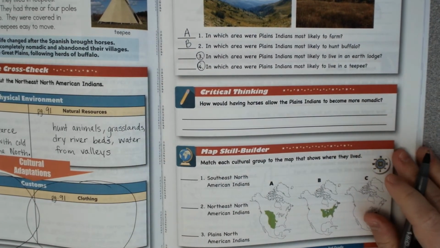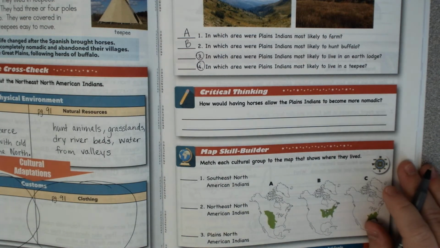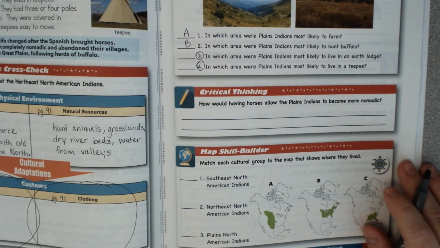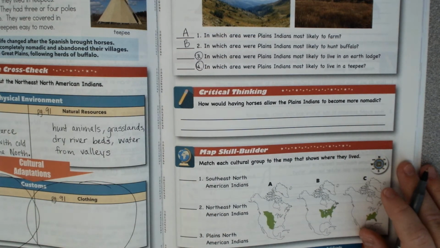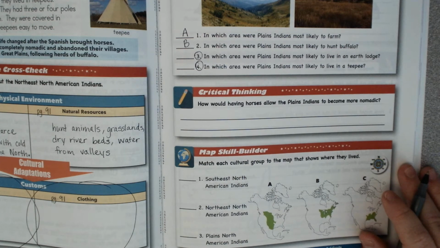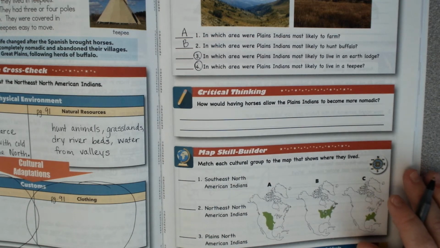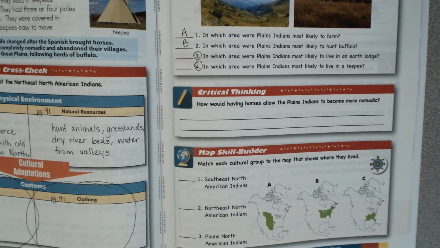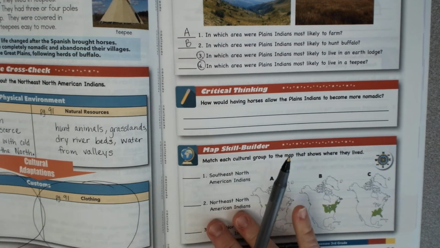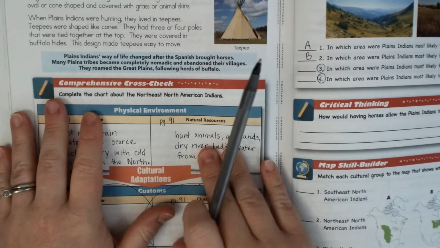For critical thinking, we're really going to try and think about what do we know and then maybe write about it. So how would having horses allow the Plains Indians to become more nomadic? What did those horses do? What did they allow them to do? It said that they did become more nomadic because of the horses. But over on page 92, here's what it says.